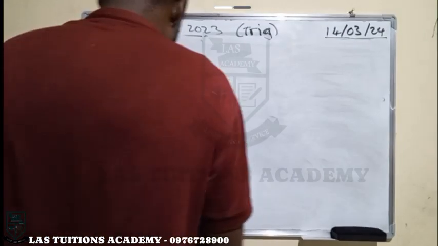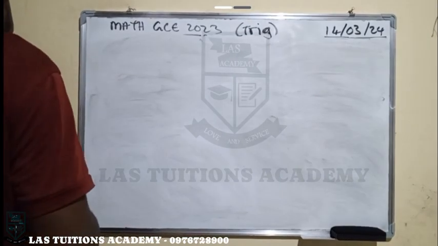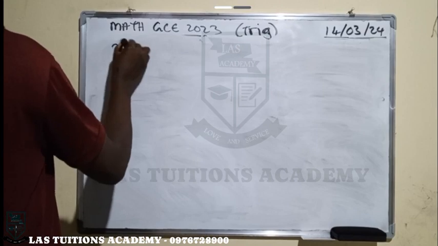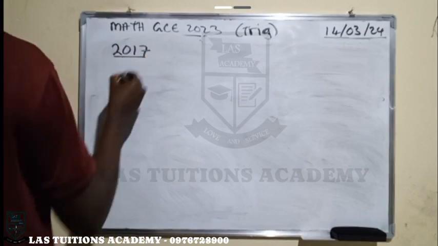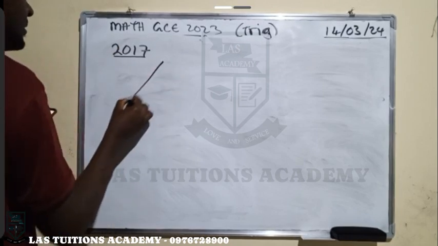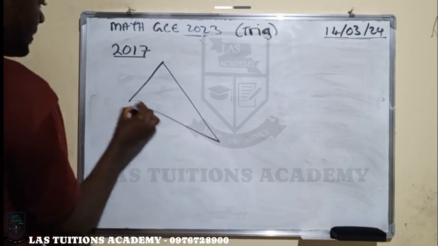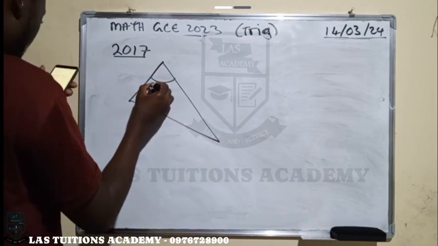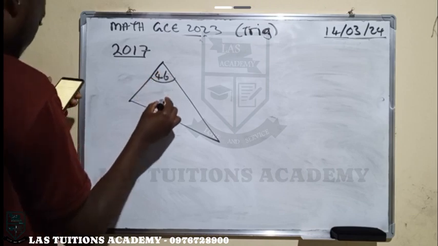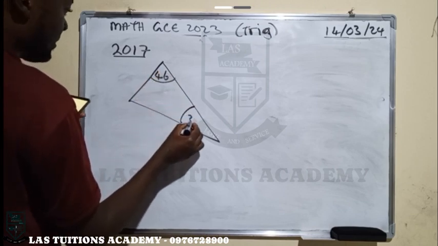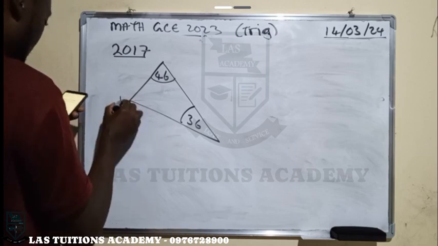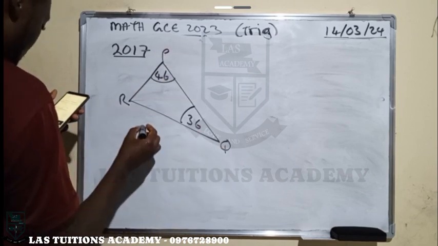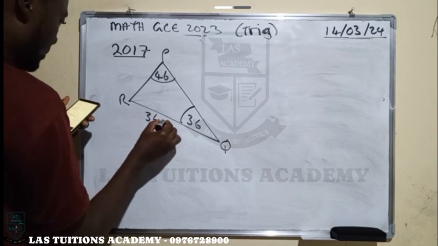Okay, so this one came in 2017. Here we had 46, here we had 36, then we had R, P, and Q. Here we had 36.5 centimeters.